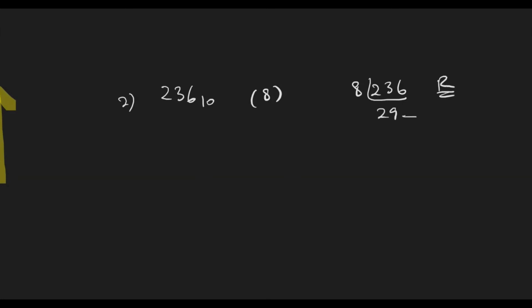Okay, let's try and change another number in base 10 to base 8. We're going to use the same concept here. So 236 divided by 8 is 29. In this case, if I want to find the remainder, it seems a little bit more difficult.